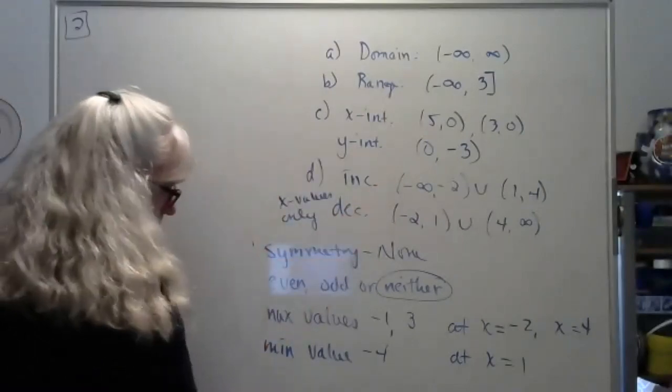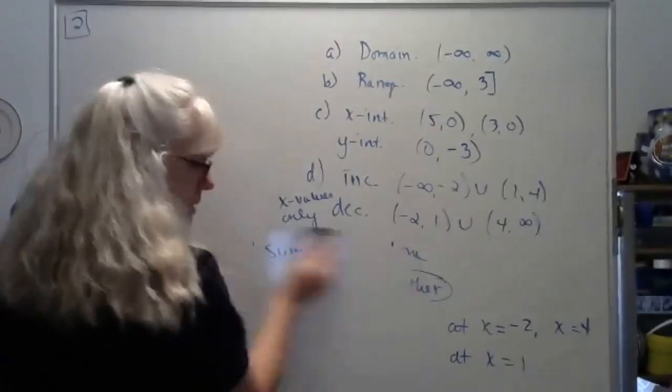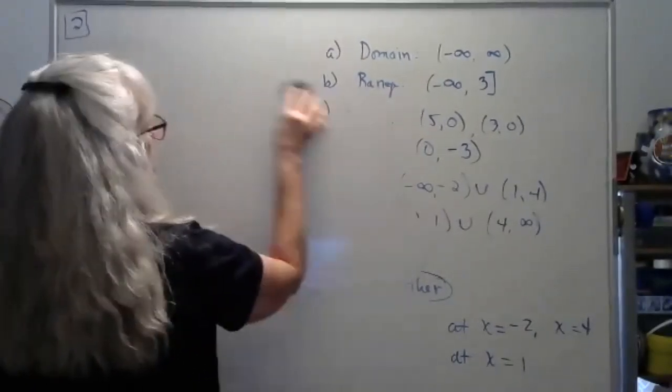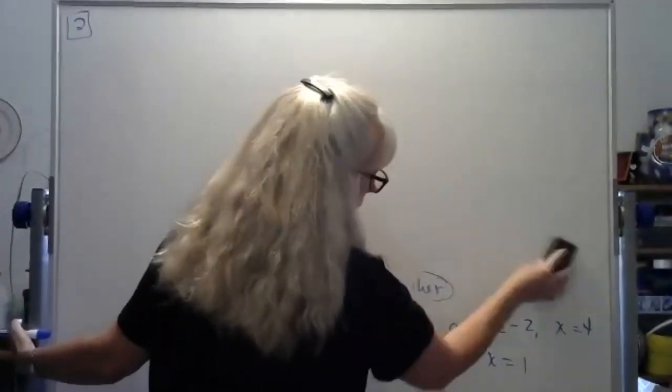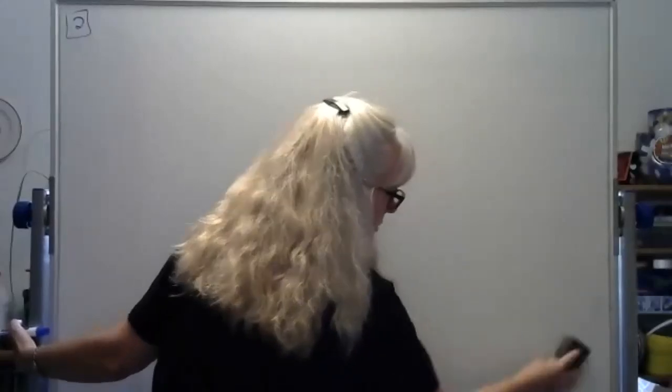Now, absolute max would only be the tallest one, but we don't really use that too much in our class. We did talk about it briefly, but it's not on the exam. It's only going to come back and haunt you when you take your calc classes, so we'll do it in that class.